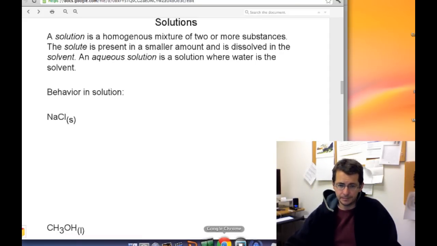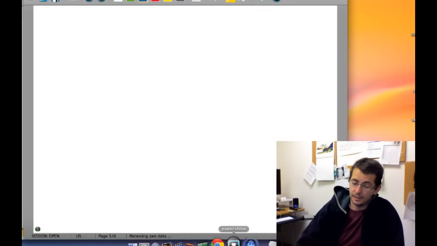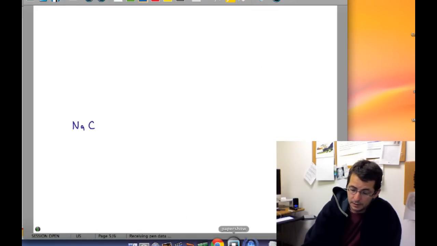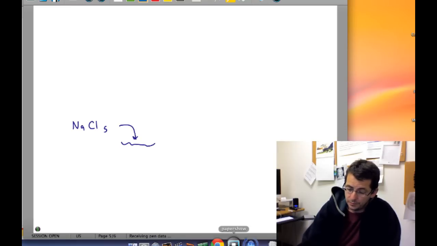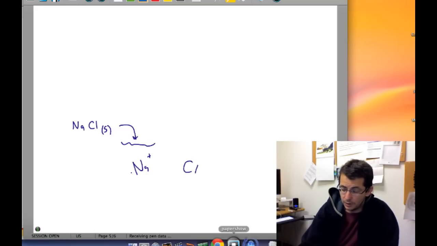They'll separate. And so when sodium chloride as a solid is dropped down into water, you end up with separate sodium ions and chloride ions.